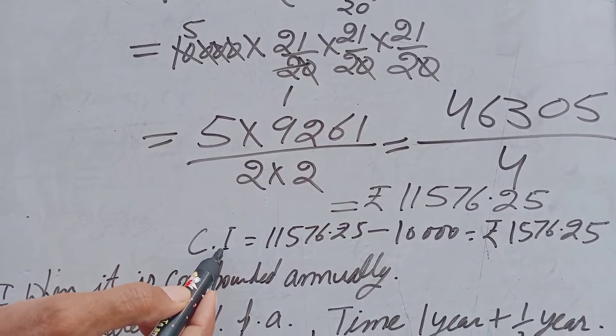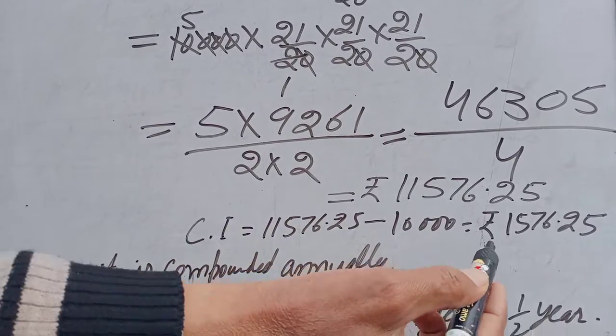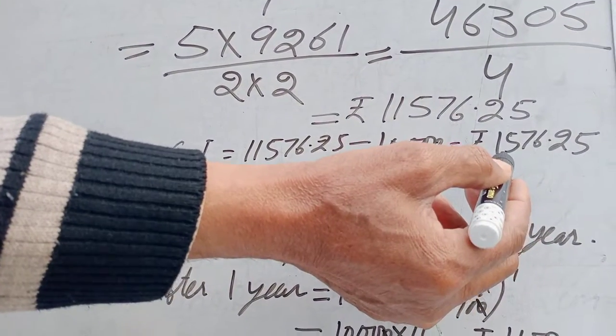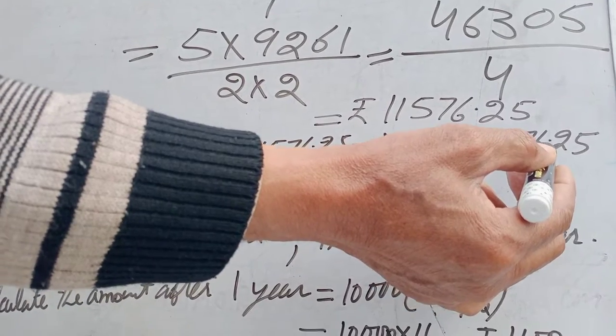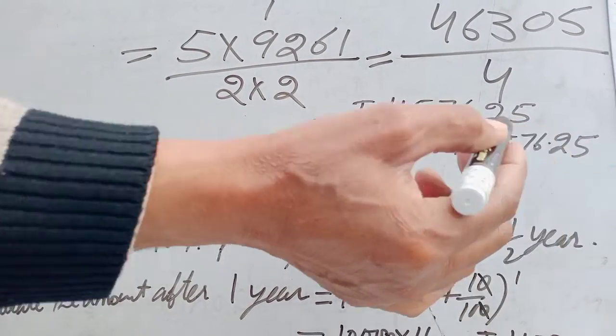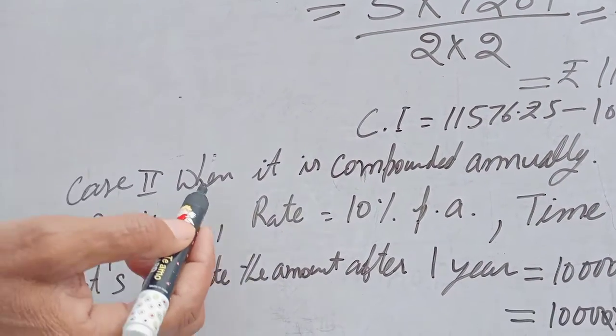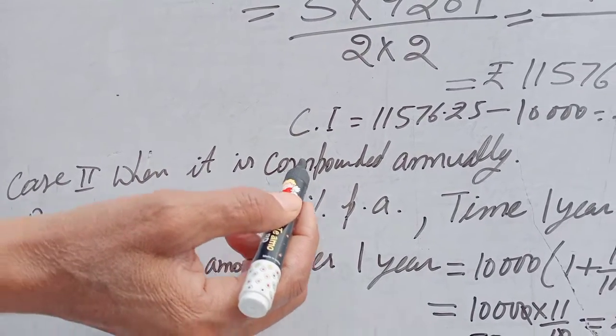When you calculate the compound interest, it comes out to be 1,576 rupees 25 paisa.